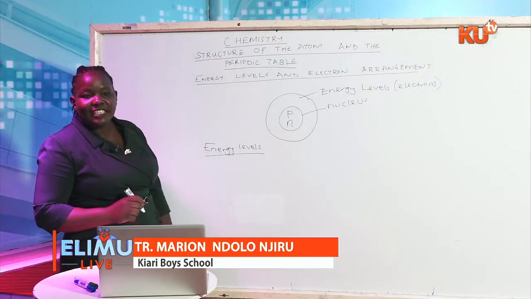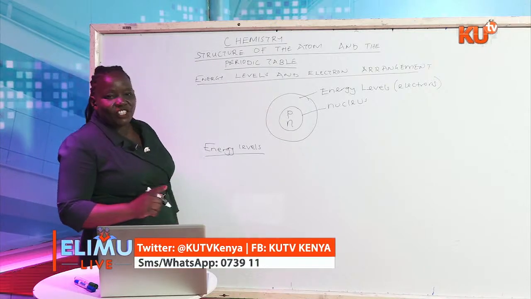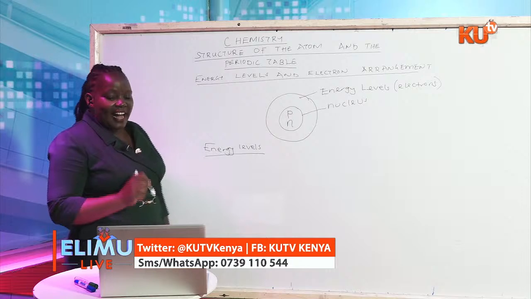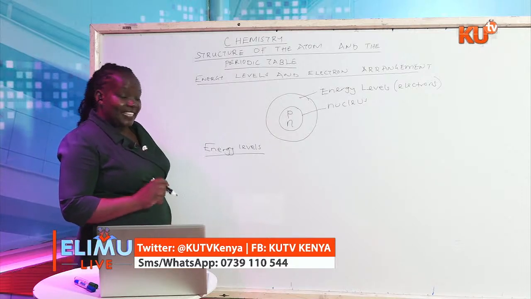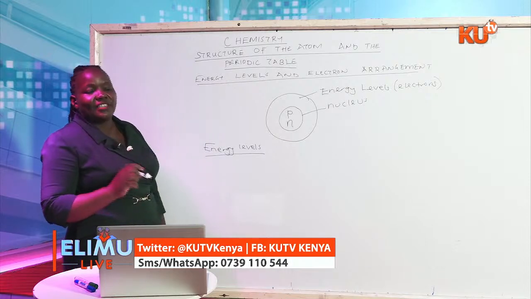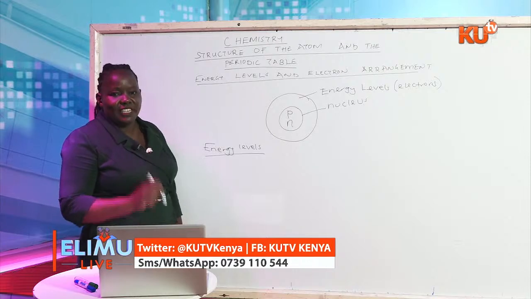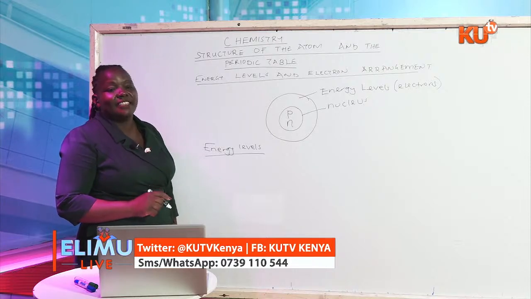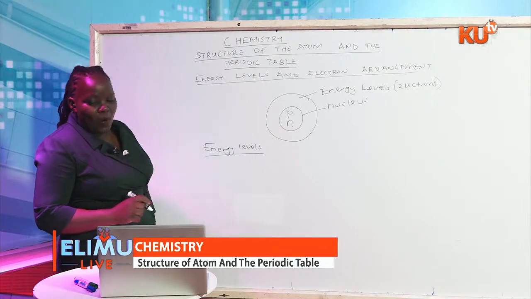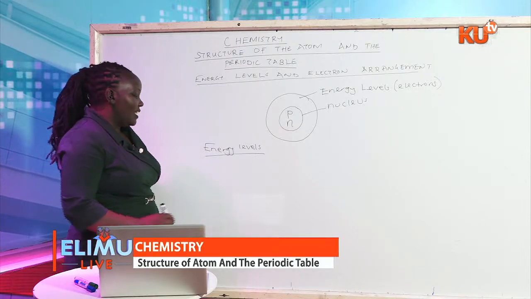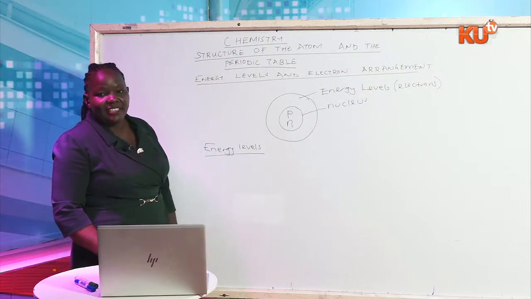The other thing I want us to note about the energy level is that each energy level has a maximum number of electrons that it can carry. For example, energy level number one carries a maximum of 2 electrons.